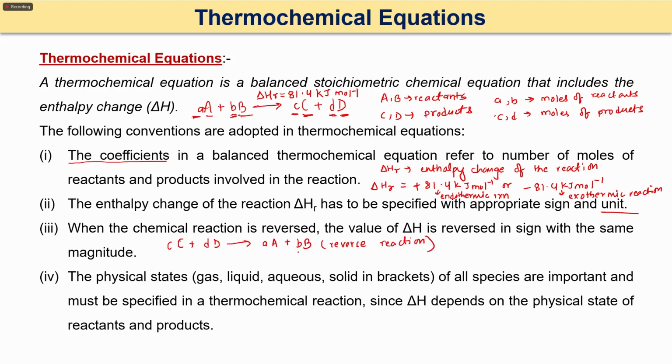What will happen? The magnitude will remain the same, but the sign will change. So if delta HR was 81.4 kilojoule per mole in this case, then delta HR of the reverse reaction will become minus 81.4 kilojoule per mole.